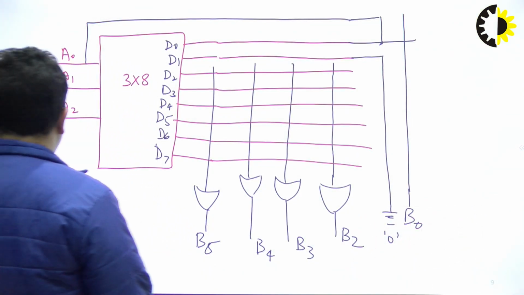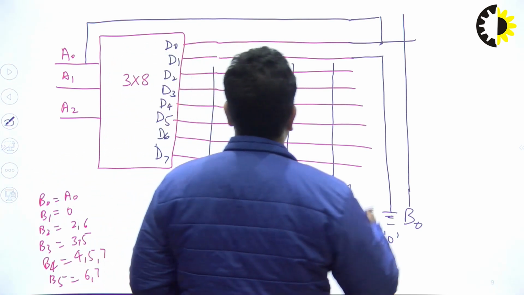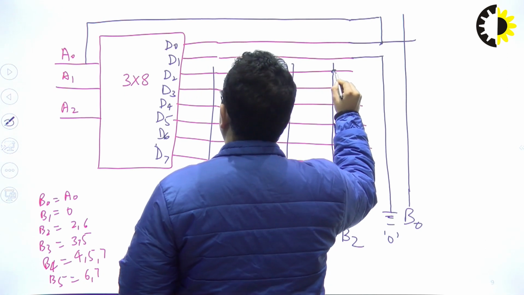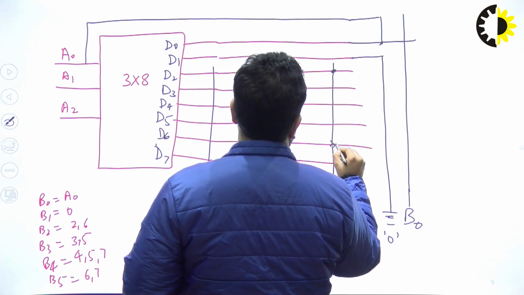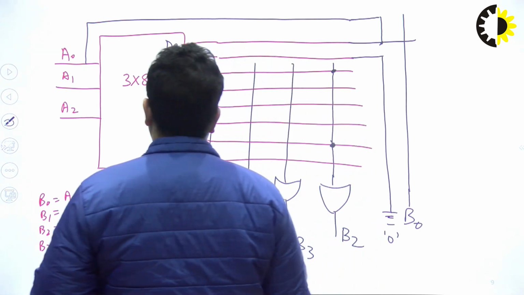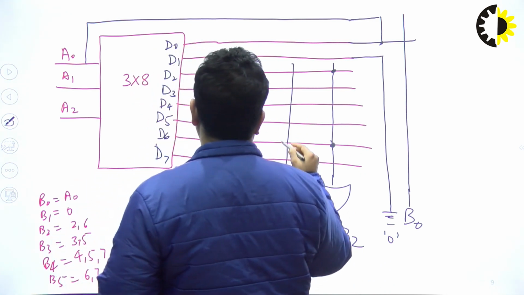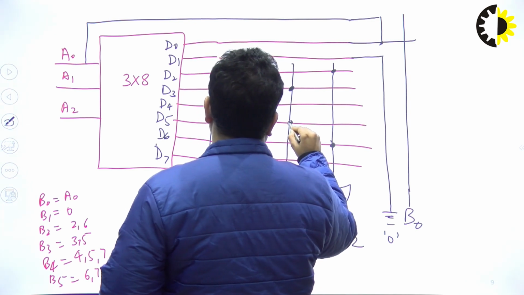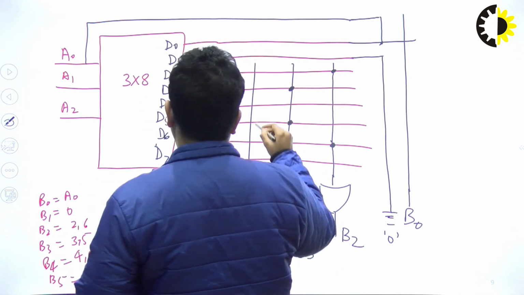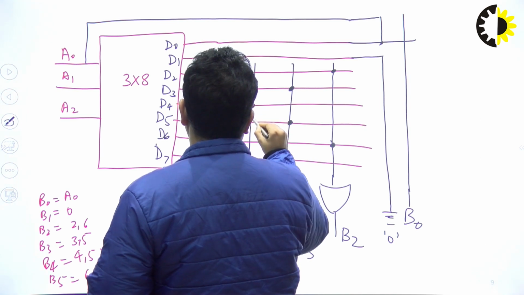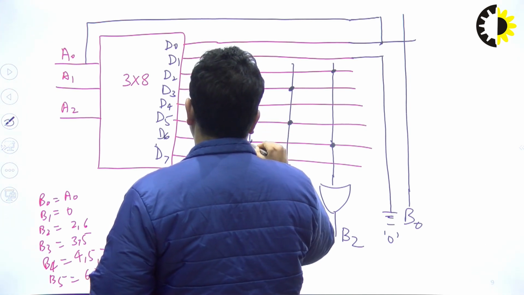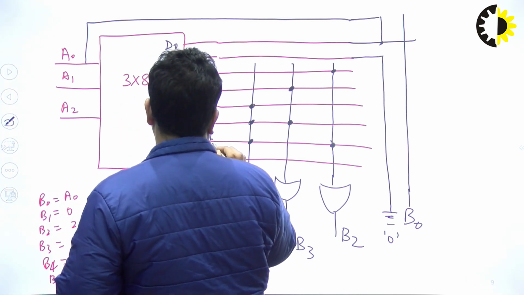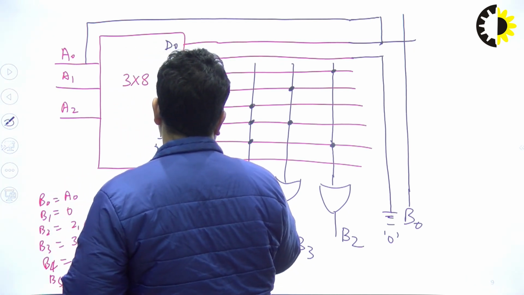Now B2 is attached with the 2 and 6, so that 2 and 6 are attached with this one, and B3 is attached with 3 and 5. B4 is attached with 4, 5 and 6. Similarly, B5 is attached with 6 and 7, so it will be 6 and 7.